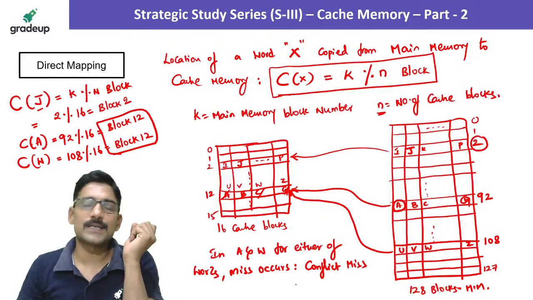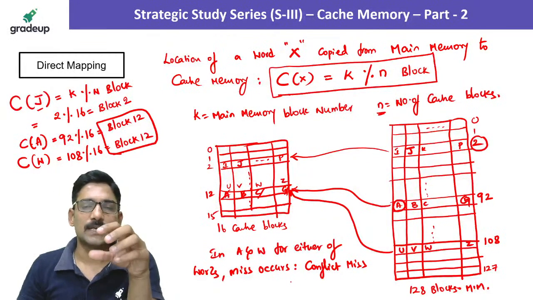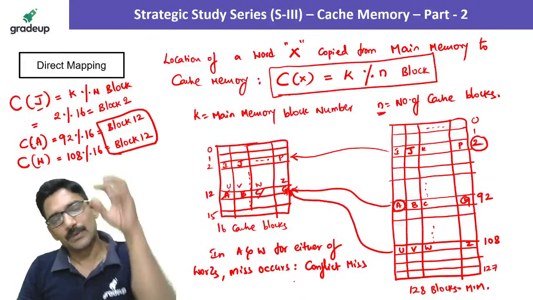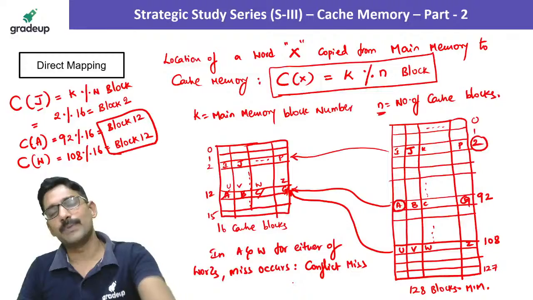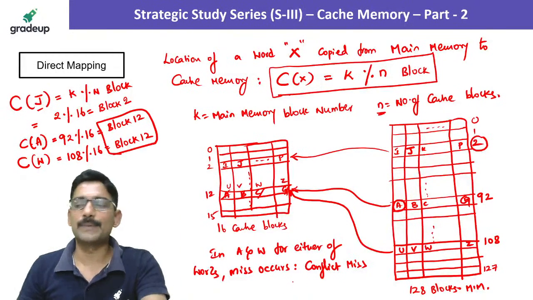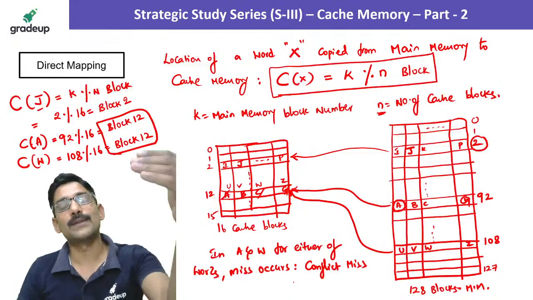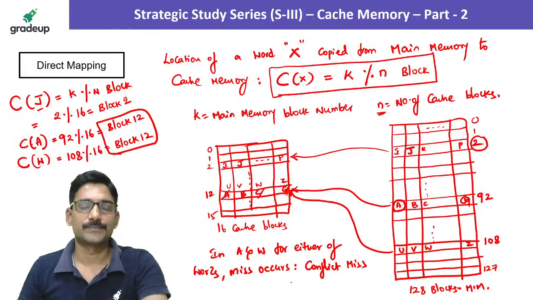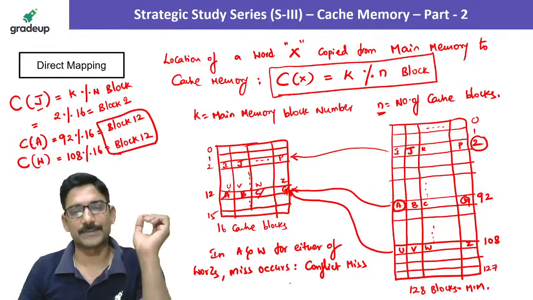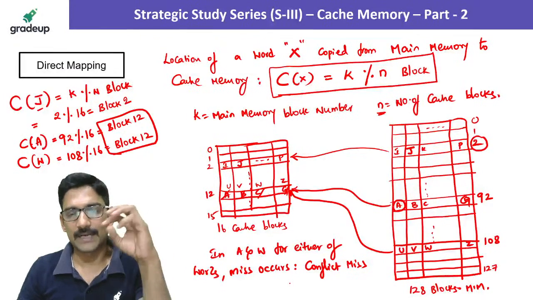Why do we call this a conflict miss? Because there are many other free blocks, but still the W block wants to be placed in block 12 only. The A block wants to be placed in block 12 only, though there are many other free blocks. Why? Because of the direct mapping policy.